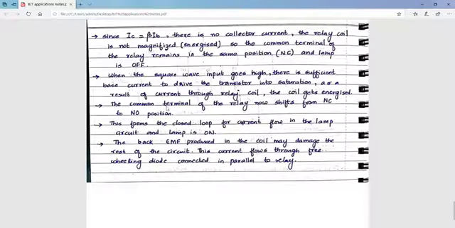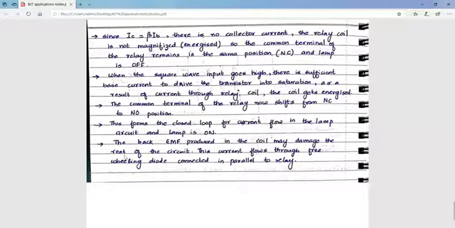As a result of the current through the relay coil, the coil gets energized. The common terminal, the switch of the relay, will shift from NC to NO position. This forms the closed loop for the current to flow in the lamp circuit, and the lamp is on.